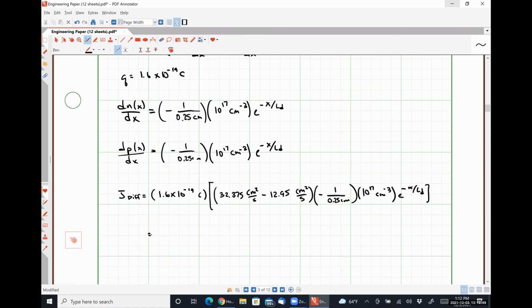And multiplying the bits out, I get a current density of negative 1.243 e to the negative x over LD amps per centimeter squared.